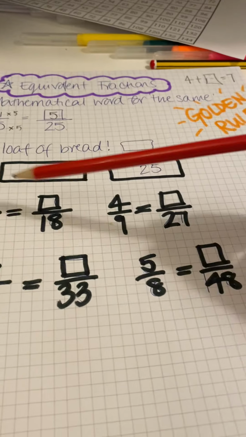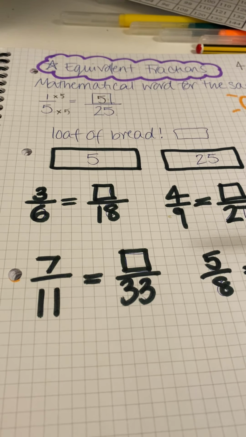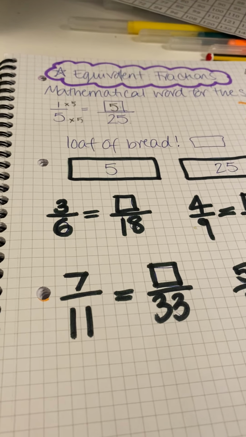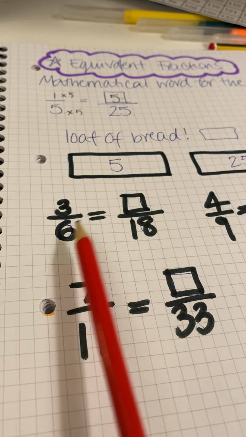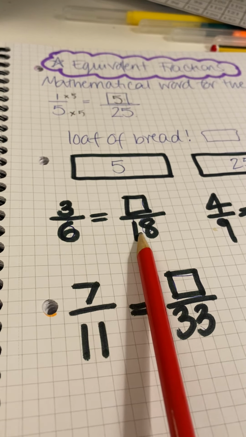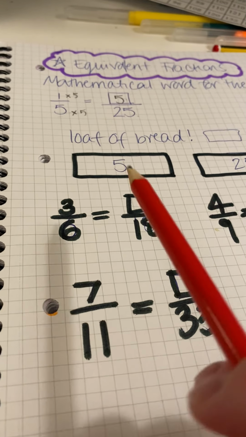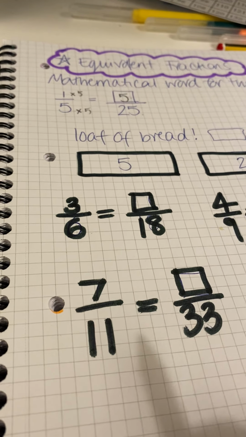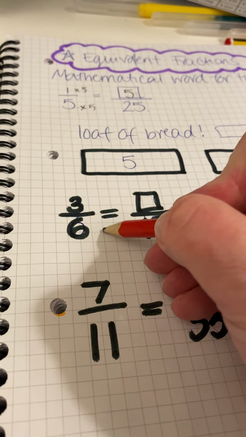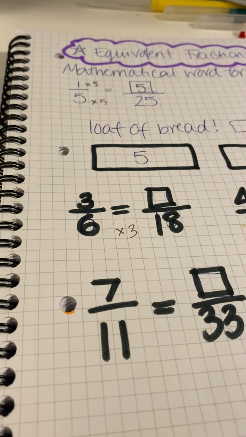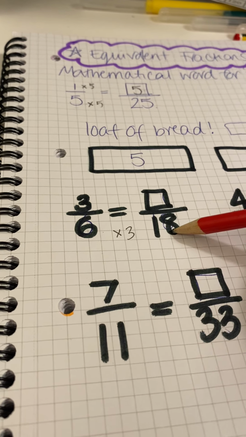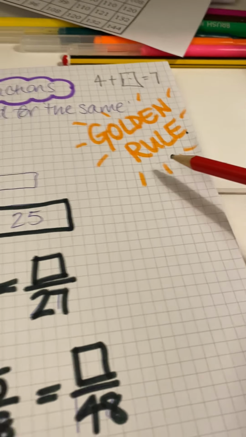So I'm going to go through these last 4 together, and hopefully they'll make sense. Again, we don't know this missing number. How would we get from 6 to 18? We use our grid if we need to, but 6 times what equals 18? I'm just writing this down for you. 6 times 3 is 18. What is the golden rule? They get jealous.